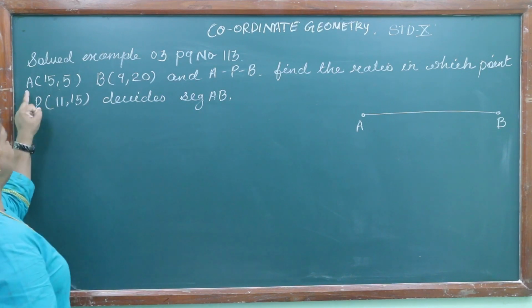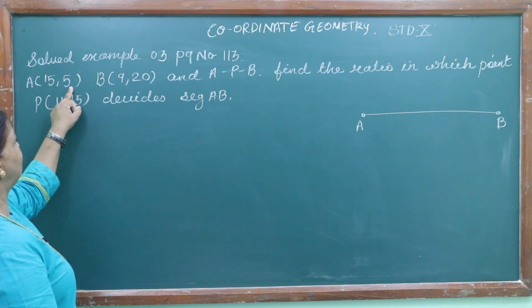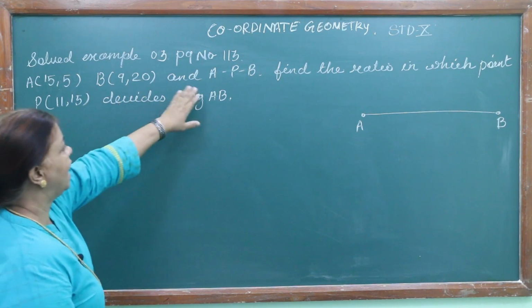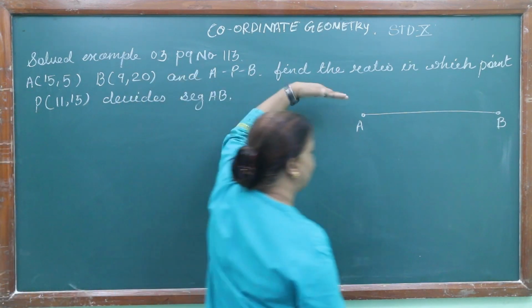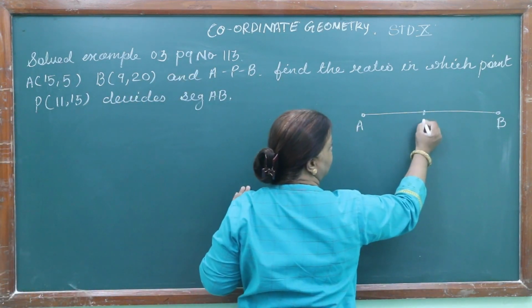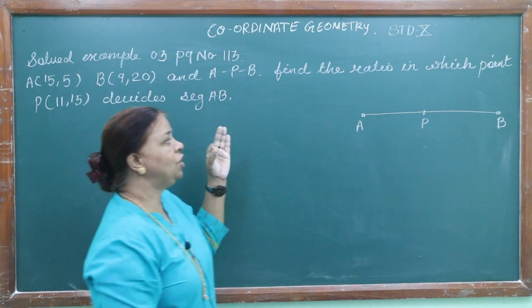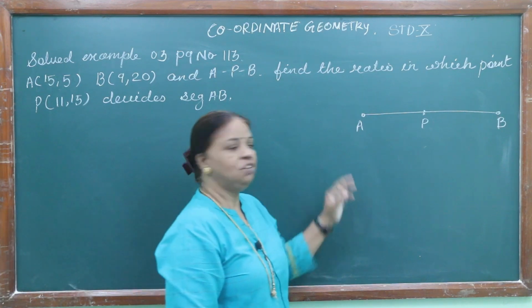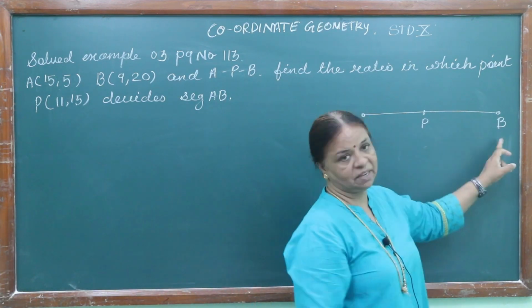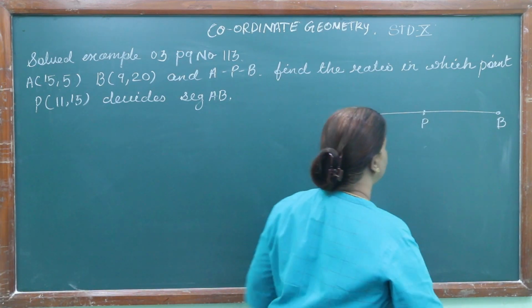And it says that point A is having the coordinate this, B is this, and A, P, B lie in one line. They are collinear, means point P is somewhere here in between of A and B. We need to find out the ratio in which point P is dividing line segment AB. So ratio is what?